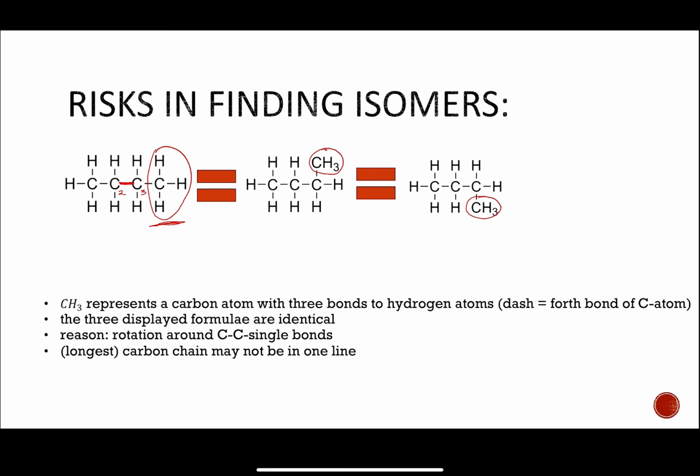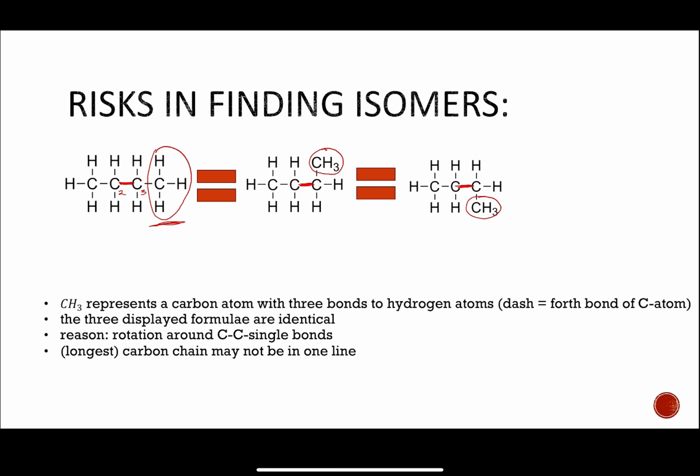It's a bit hard to imagine because we are working in a two-dimensional field right here, but if we rotate around this bond, I'll highlight it in the other molecules as well. If we rotate it, we can imagine how the methyl group changes position, but still it's basically the same molecule. That's why these three formulas are not isomers.